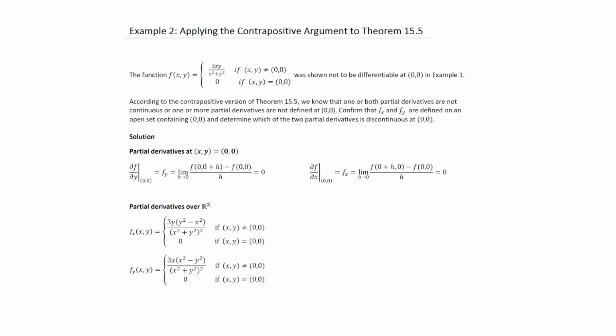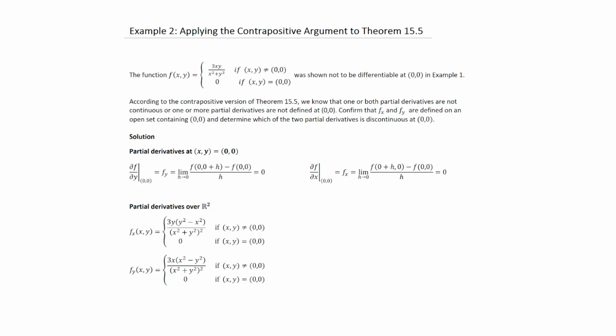Now, according to the contrapositive version of theorem 15.5, we know that one or both partial derivatives are not continuous, or one or more partial derivatives are not defined at (0,0), because it's not differentiable.